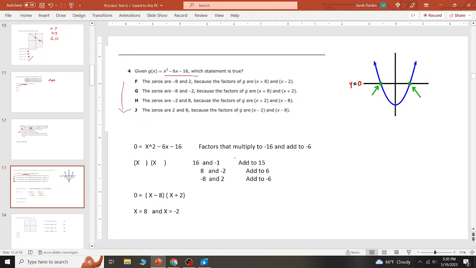So we got to come up with things that multiply to 16 and add to -6. Well, that's -8 and 2. All right, so (x minus 8)(x plus 2) is this function factored. So we got x equals 8 and x equals -2, which is this guy right here.